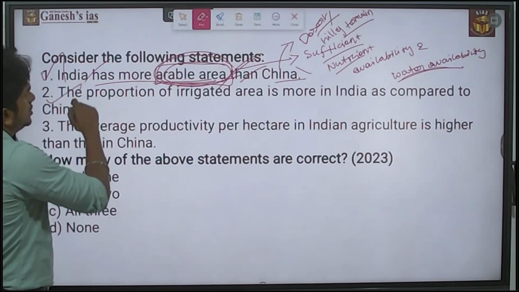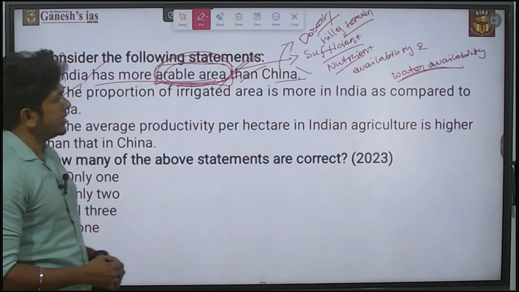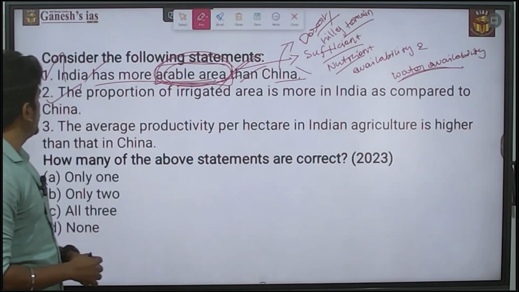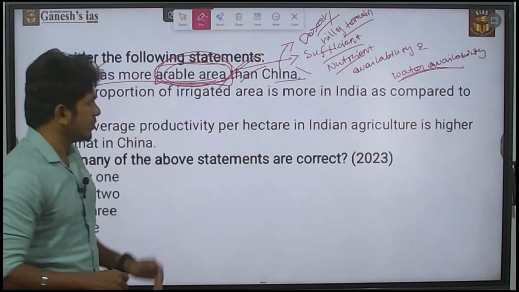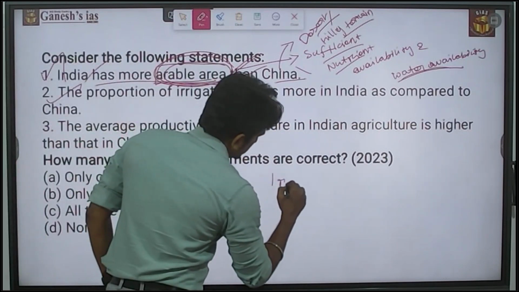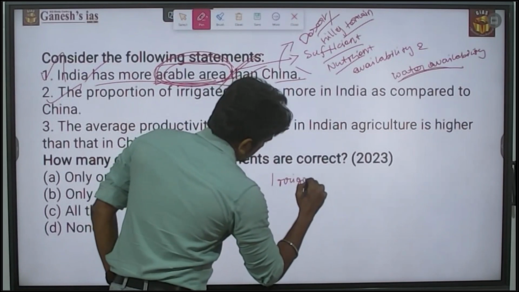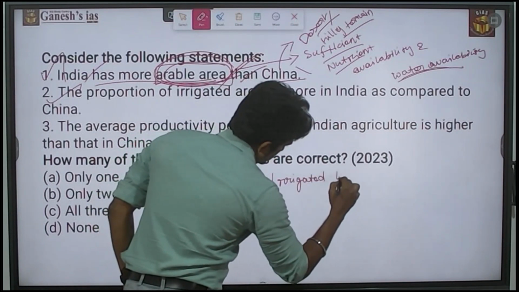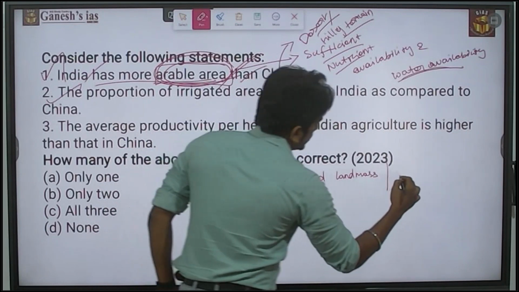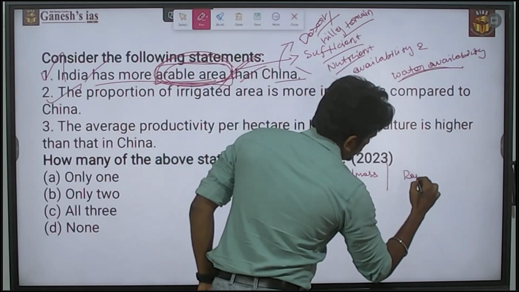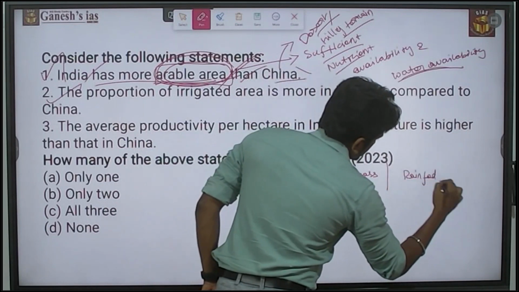Next, the proportion of the irrigated area is more in India as compared to China. So first of all, what is irrigated landmass, versus rain-fed irrigation?